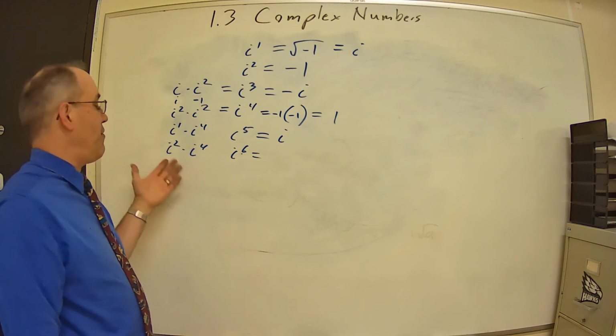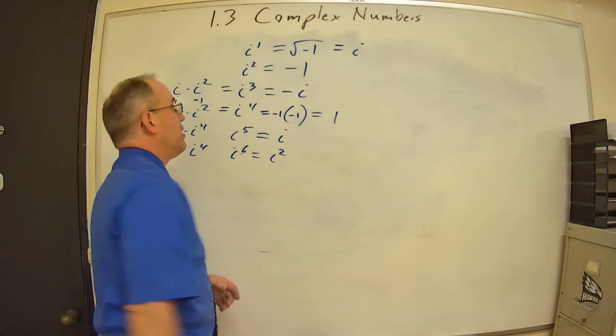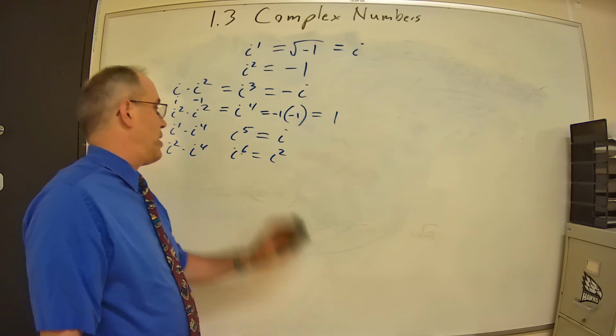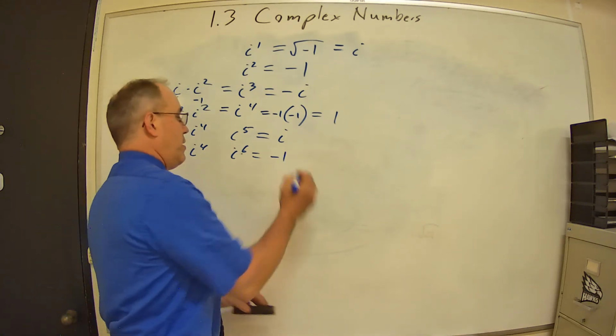So every time we have that, it's just going to start cycling through, that's i squared, or -1.